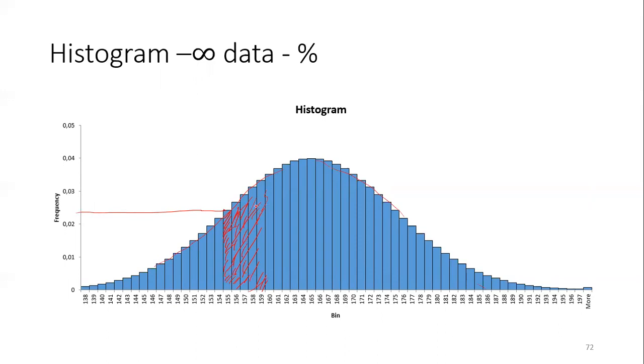Just look at the heights of 5 or 6 rectangles, because 155 to 160 are all inclusive, and then add them up to find the required probability.